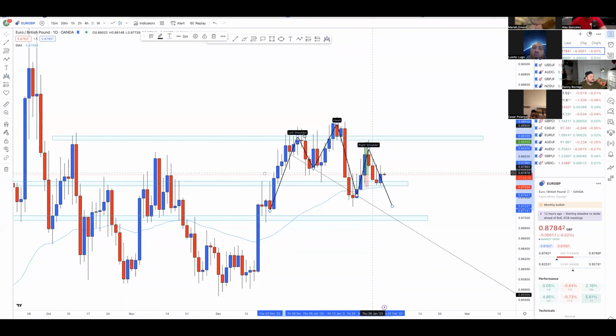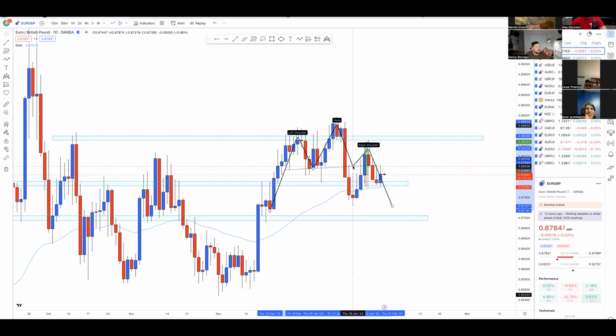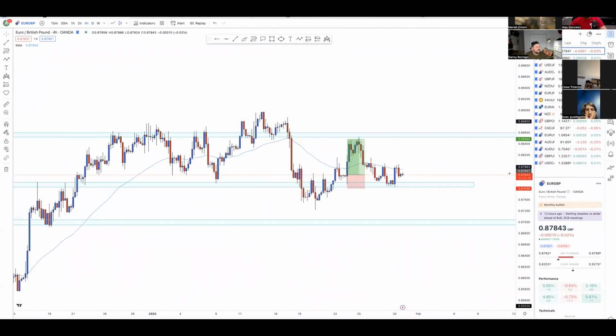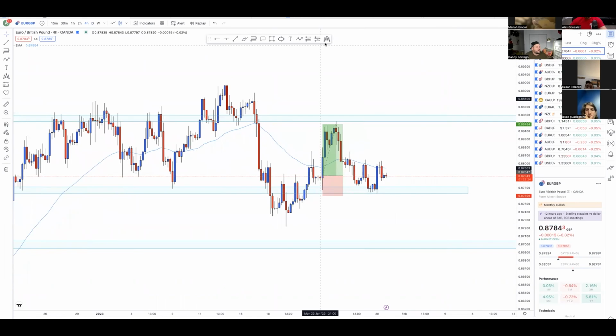This is how I like my head and shoulders, because we've broken the structure. I don't like my head and shoulders when we've obviously not broken structure. This is where we are, so for right now I'm a little iffy about it. If anything, I'm going to wait for the exact same trade setup, and then we'll buy it again. It's pretty much just repeating what it did in the past.